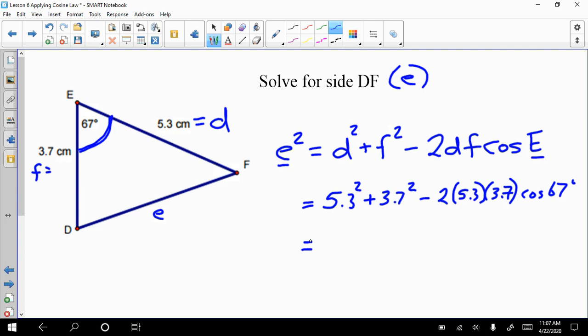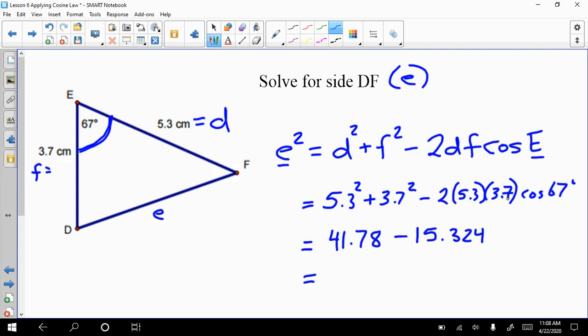Can you try it and make sure you get it? 41.78 minus, now here I go, 2 times 5.3 times 3.7 times, and make sure my calculator is in degrees, times cos of 67 equals, and I get 15.324, etc. But I'm going to round it to 3, so there you go. Please try those in your calculator, make sure you're getting the same as me.